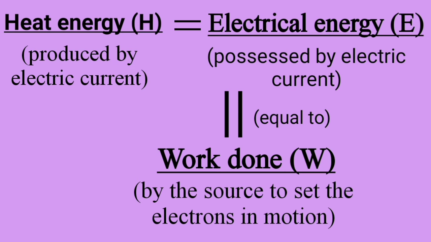The amount of energy that electric current has is equal to the work done by the source in order to establish the electric current. Thus you can see that heat energy is equal to electrical energy, and electrical energy is equal to the work done. So we can say that heat energy is equal to the work done by the source. In order to work on the electrons, the source has to expend its energy. Now we'll see how heat energy is connected with the work done.